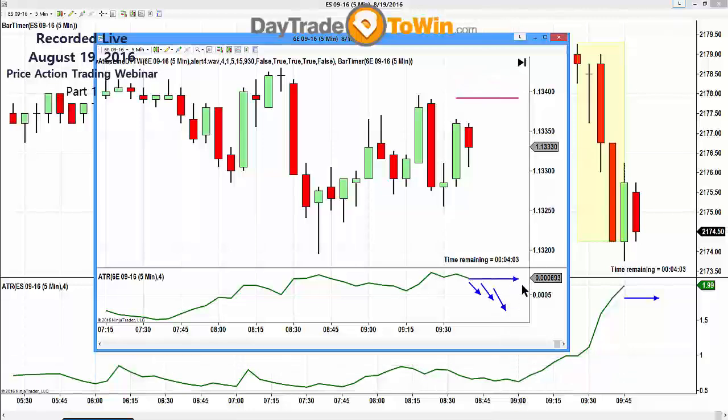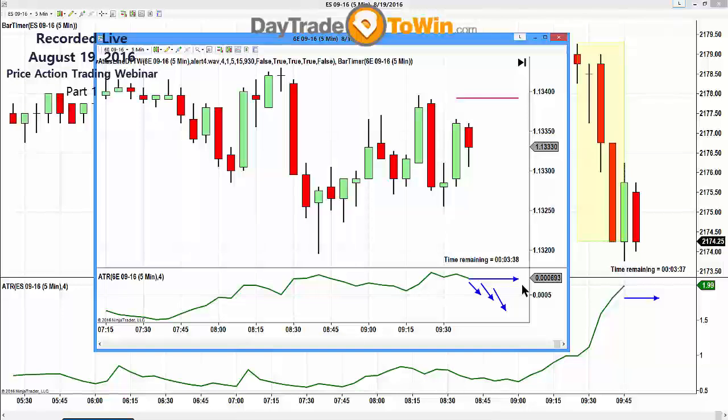So if it can't do 6 or 7 ticks, why am I going to just wait until I get stopped out? Or why am I going to be hopeful that it's eventually going to make that profit? It's not going to happen. I'd rather get out of a trade with a smaller profit and bank it, put it in my pocket and shut it down, as opposed to hanging on for 3 or 4 hours in hopes that eventually something's going to happen.